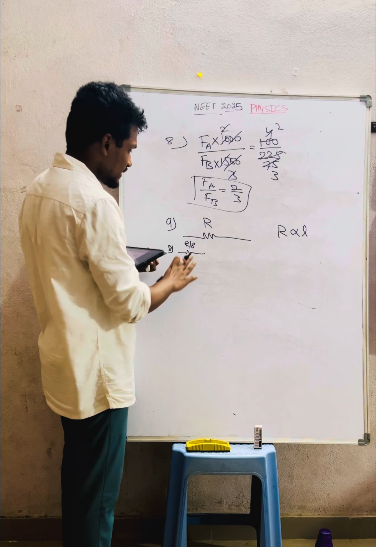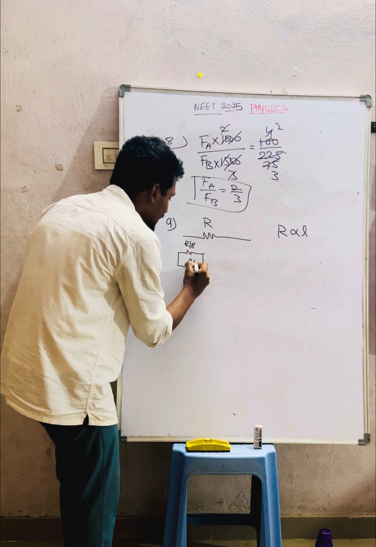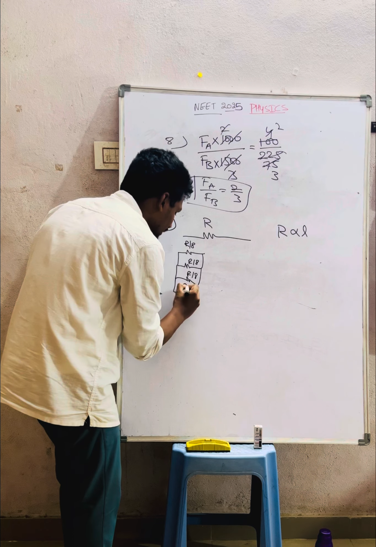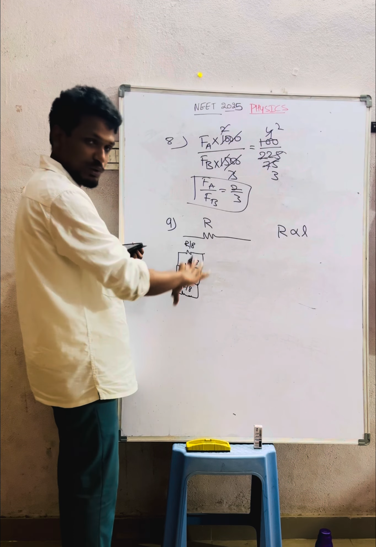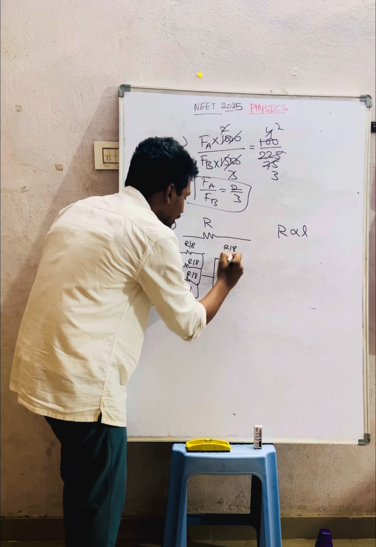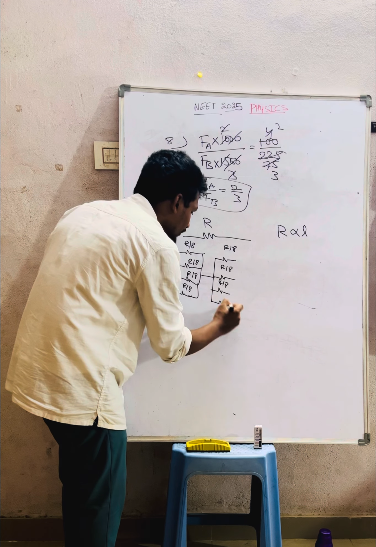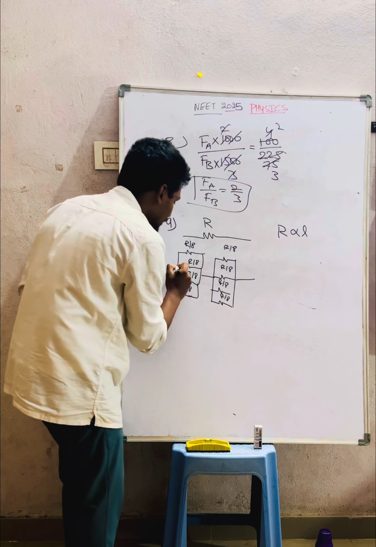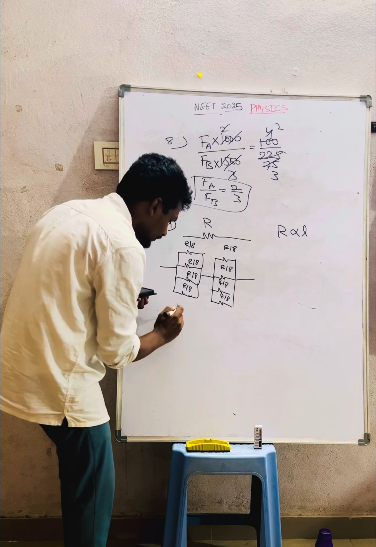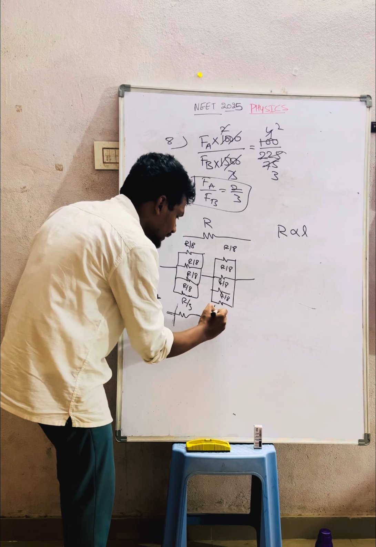Now I am going to take 4 of them, each R by 8, and connect them in parallel. This is R by 8, this is R by 8, this is R by 8. I am also going to copy the whole set and replicate it here. Now each parallel set of R by 8 resistors gives R by 32, and this would also be R by 32.